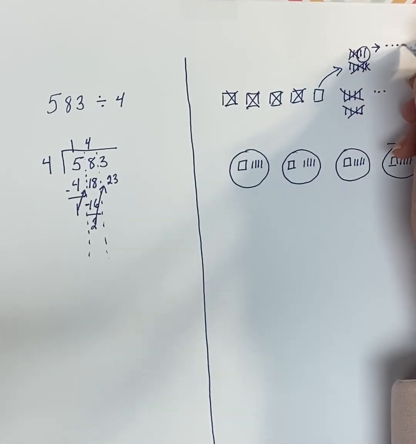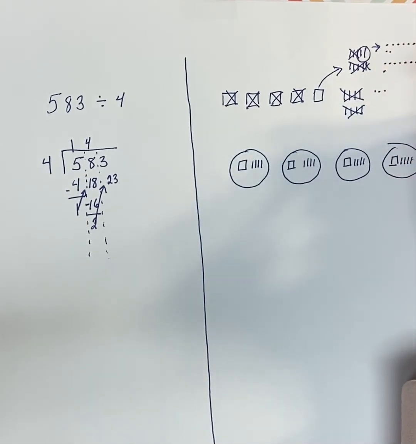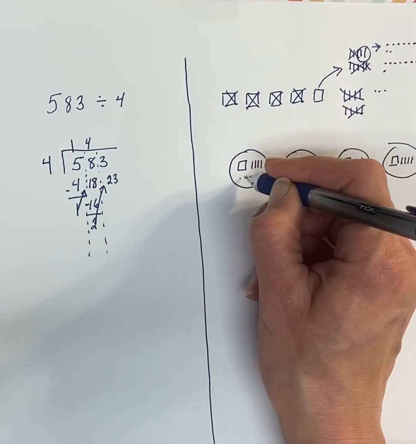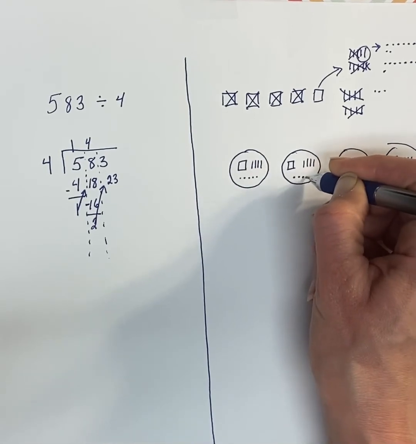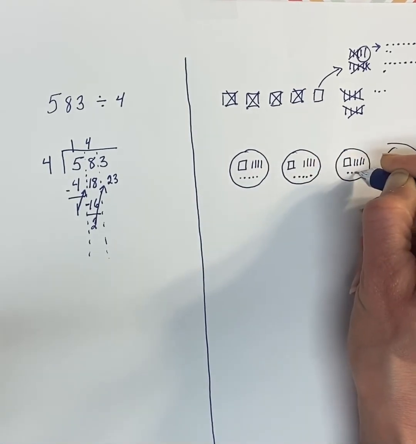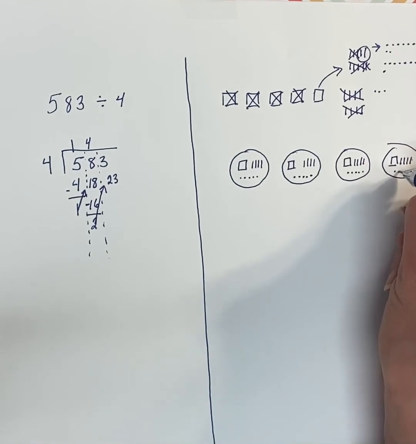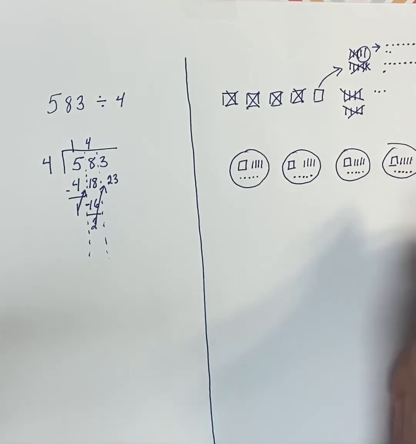1, 2, 3, 4, 5, 6, 7, 8, 9, 10. 1, 2, 3, 4, 5, 6, 7, 8, 9, 10. So we have 20 plus the 3, that's 23. We can put 5 of those evenly into each of these 4 groups, so we record that up here.